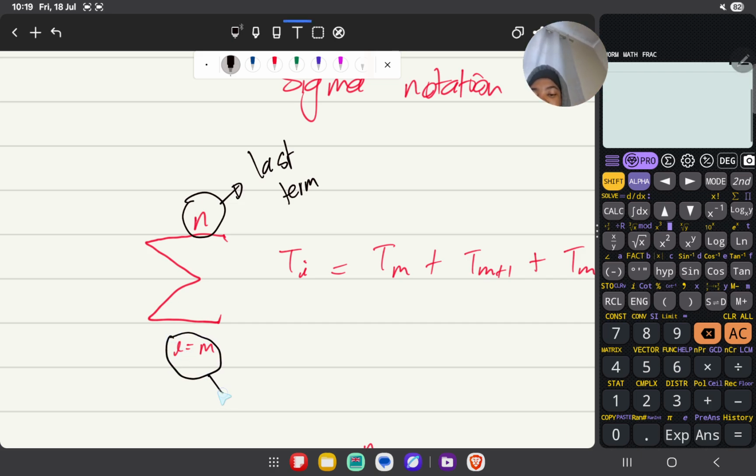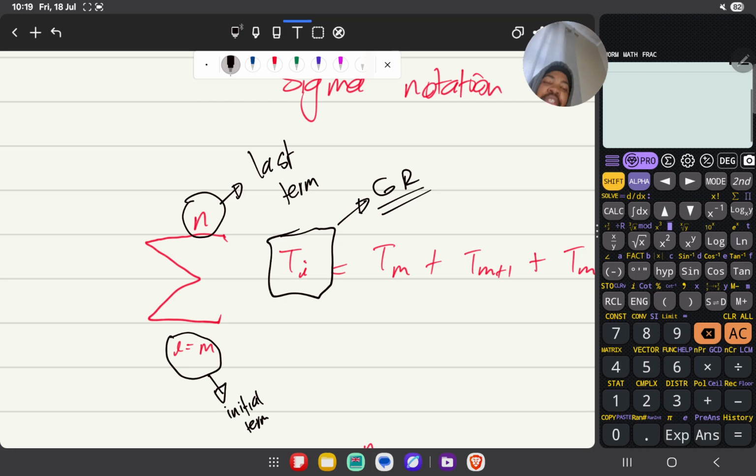This one is the initial term, the term we're going to start with. If it's 2, we are adding from the second term. And here you would have your general rule, which defines a particular pattern or sequence.